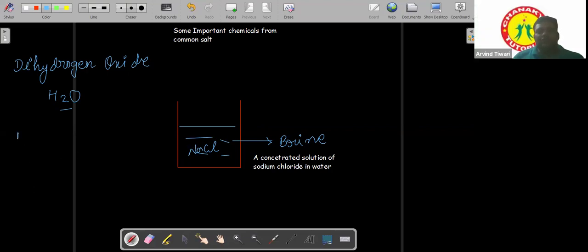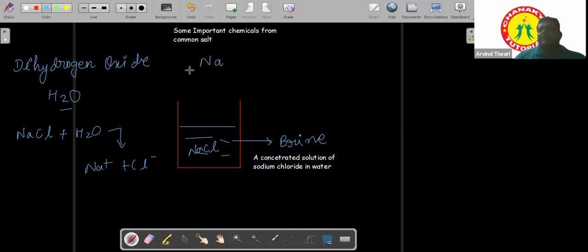When you dissolve sodium chloride in water, your sodium chloride forms ions. It forms Na plus and Cl minus ions. So why are we not finding sodium to be reactive? Pure sodium metal is reactive.